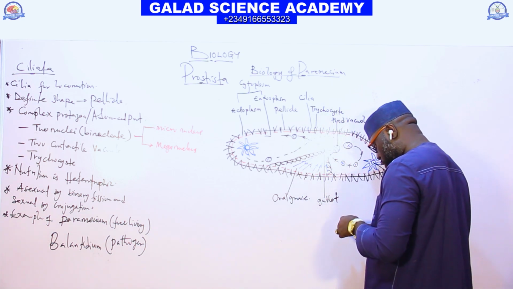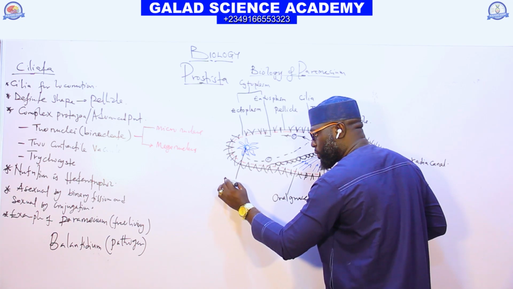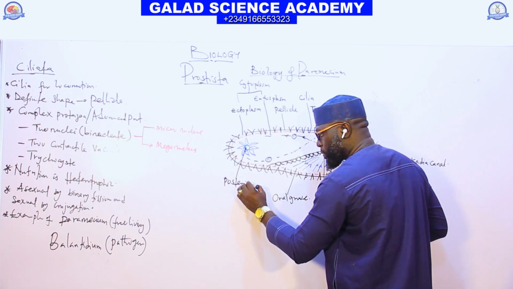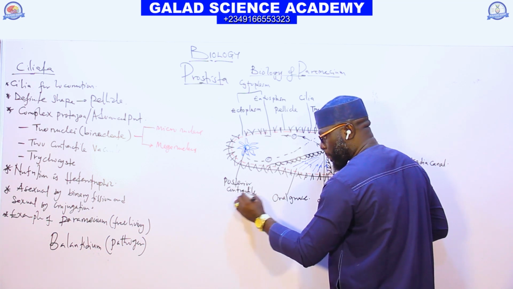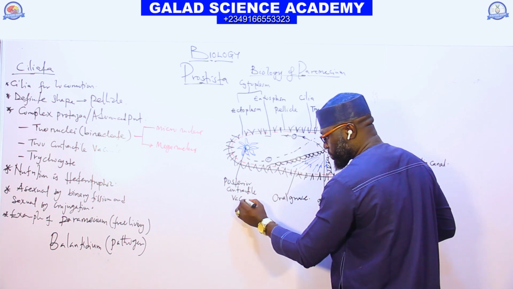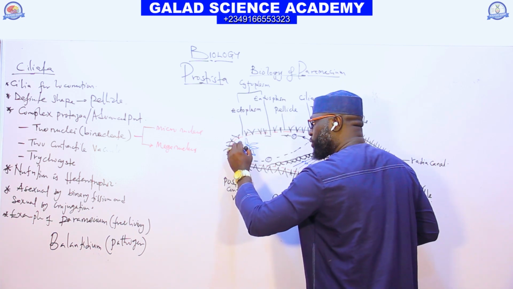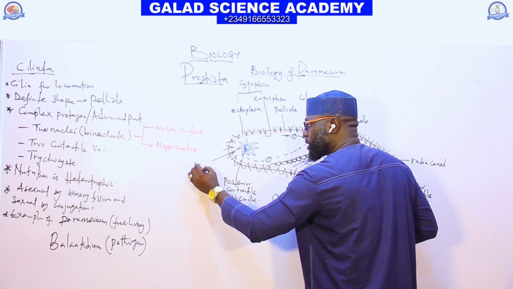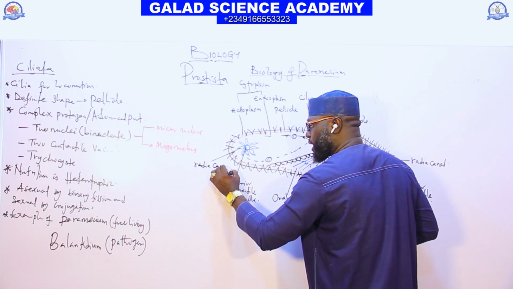So this one we call the posterior contractile vacuole. And this one, don't forget, are called radial canals.